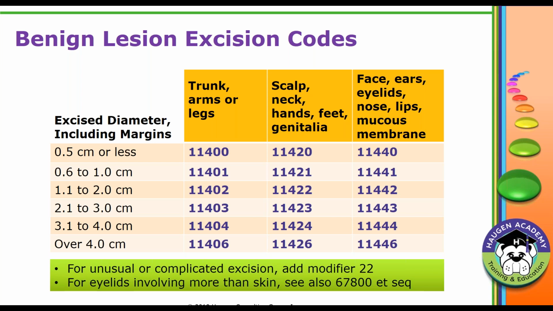And also not used for excision of a pilonidal cyst. Those are the cysts that usually occur between the cheeks of the buttocks, at the upper end of the buttocks. That procedure actually has its own CPT code as well. And then just a reminder, if it's unusual or complicated, you can add modifier 22. I'll talk about that more in a little bit, and then the eyelids as well. We'll talk about that today at the end.